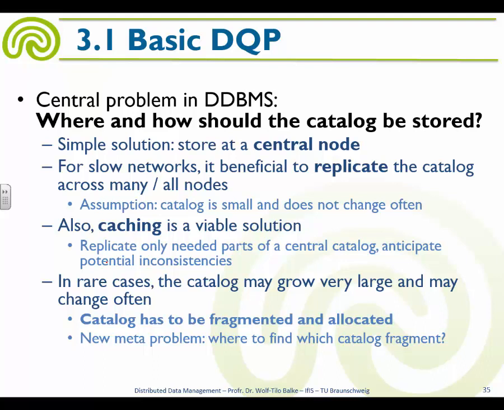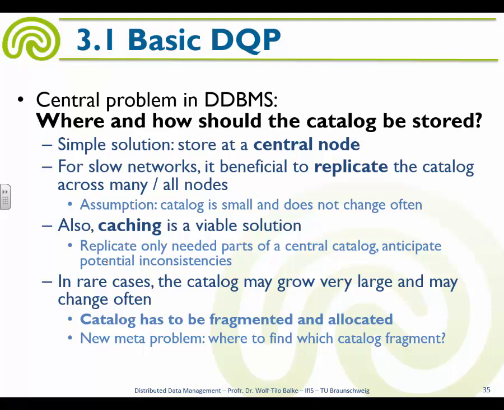The central problem in a distributed database management system is, of course, well, you have the information on the distribution, and you have the metadata catalog, right? Is the metadata catalog in itself distributed, or is it in a central location, right?